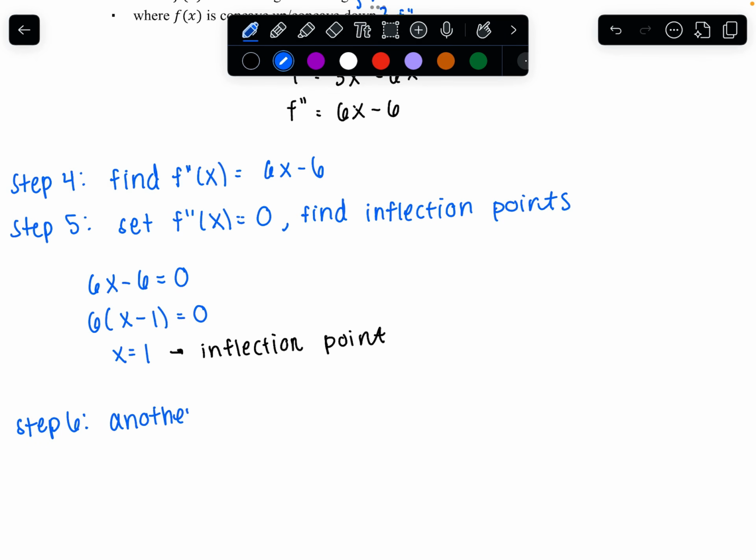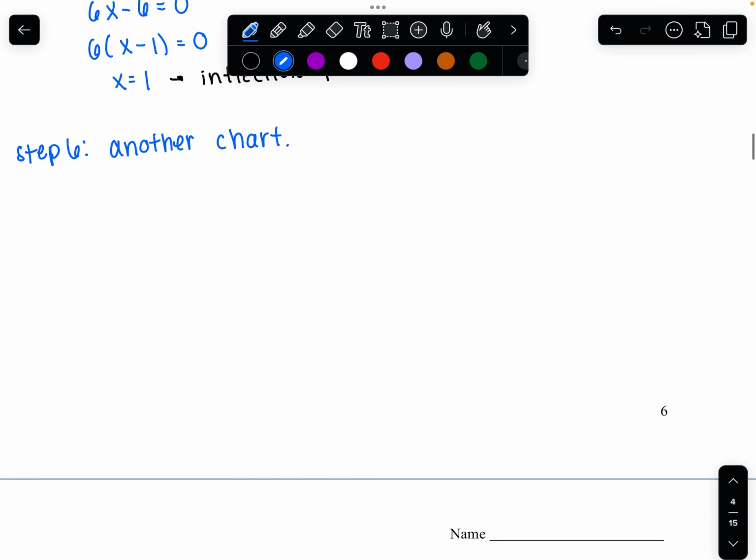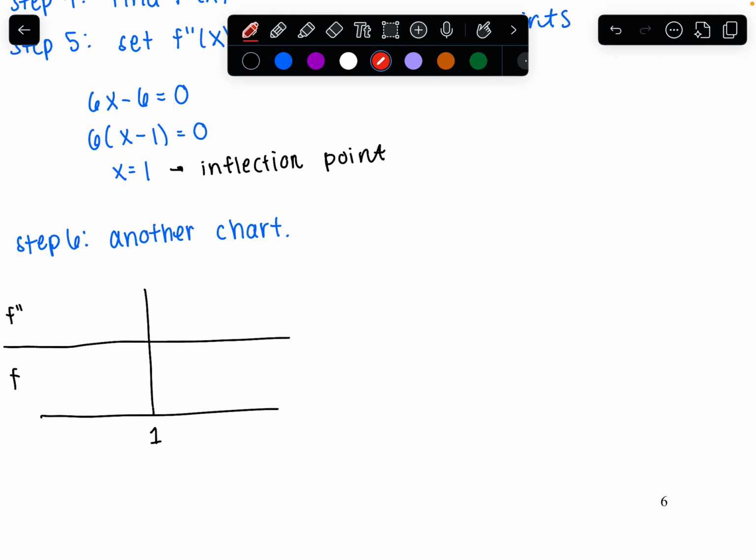Another chart. I know. Okay. So, again, at this x value, this is the only place where the second derivative is 0. That means everywhere else the second derivative is positive or negative, which means we're either concave up or concave down. So, let's see what's happening at -1, and let's see what's happening at 2.